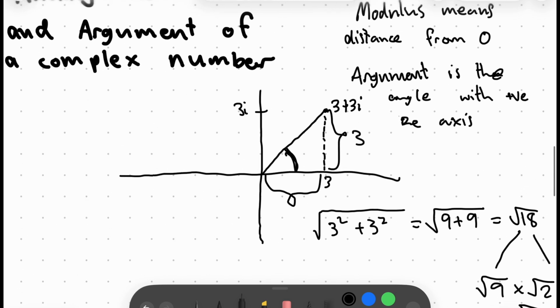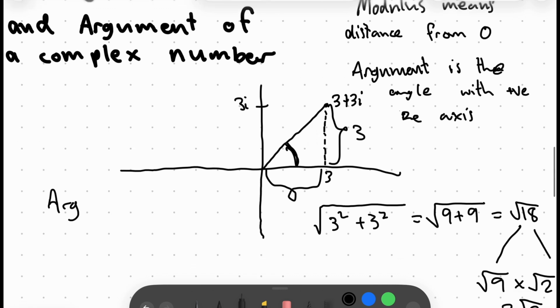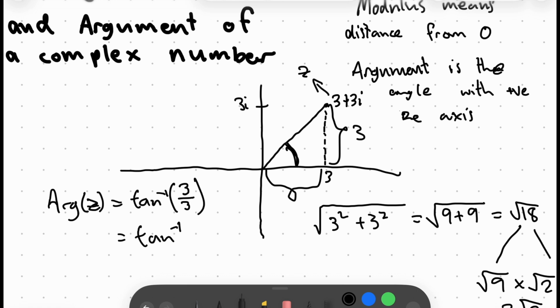Now the argument, let's find the argument. We'll call this number here z. So the argument of z is going to equal the tan inverse of the imaginary part, 3 over 3. It's just going to be the tan inverse of 1, because we can simplify that, which is equal to pi on 4.